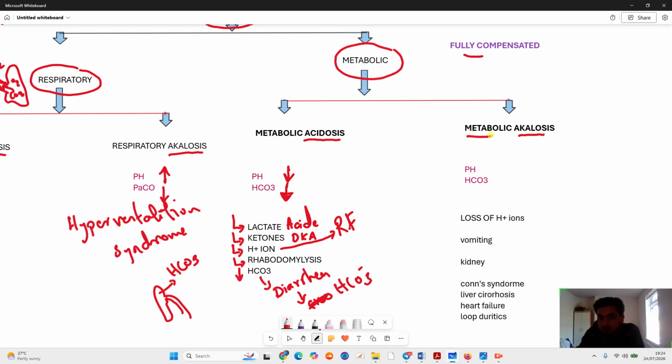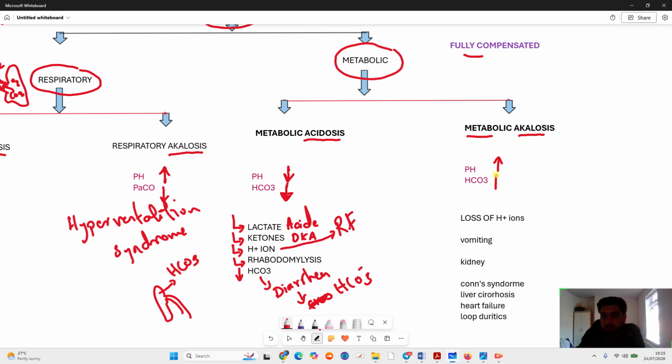Come here for the alkalosis. When I'm talking about alkalosis, especially metabolic alkalosis, it means the alkalosis has happened due to a kidney condition or some other condition that we will talk about, not respiratory. So the pH will be more than 7.45.